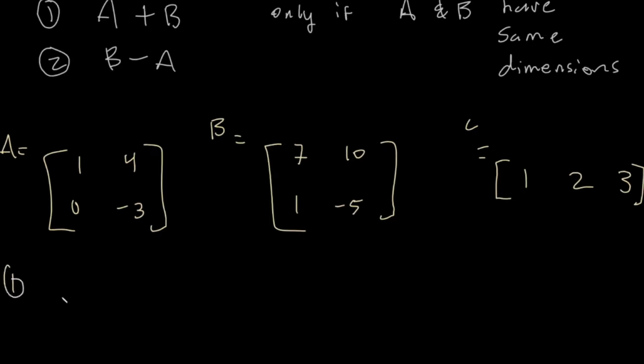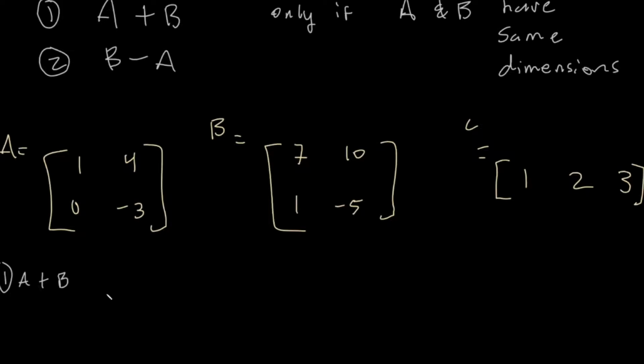Let's do A plus B. So let's find A plus B. First of all, are they the same dimensions? They're 2 by 2 for A and 2 by 2 for B, so they can be added.